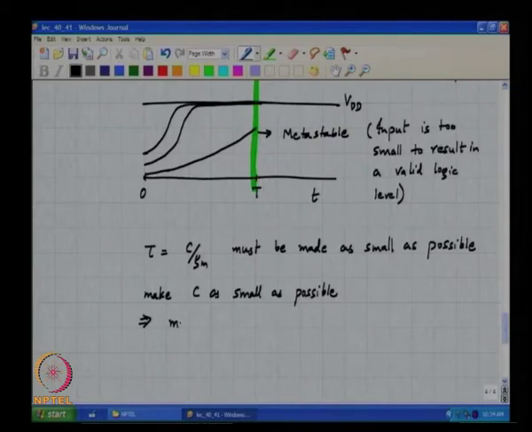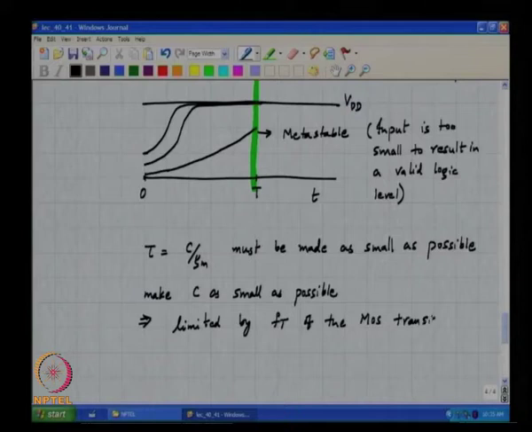So, basically you are limited by the FT of the MOS transistor, because Gm by C, where C is some function of all the parasitic capacitances in the MOSFET, is proportional to the FT of the device.